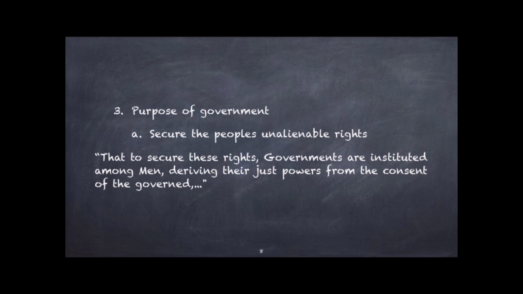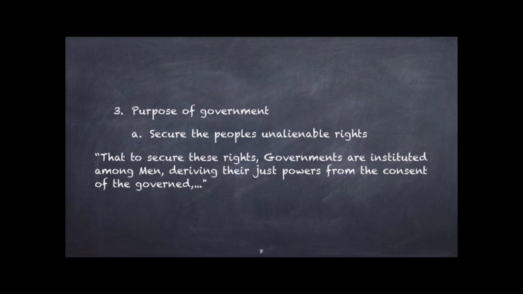The third component is the purpose of government. Remember this from our first lesson in this class. There's a reason why we started with that lesson. The purpose of government, Jefferson says, is to secure the people's inalienable rights. Now, you don't have to do the quote. I paraphrased it for you with the letter A there. You will want that. To secure these rights, government is instituted among men.